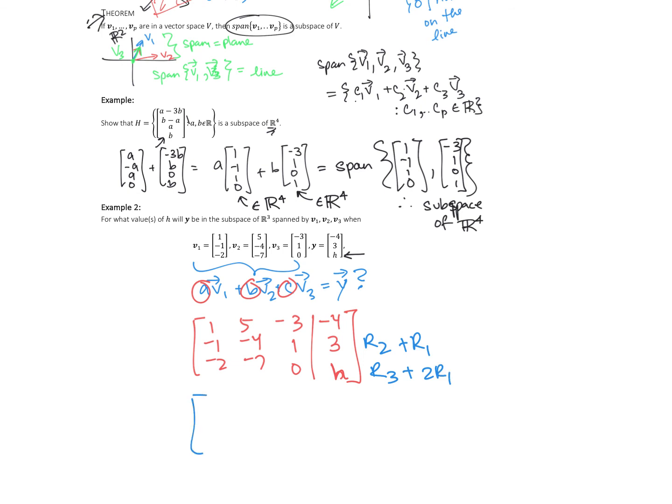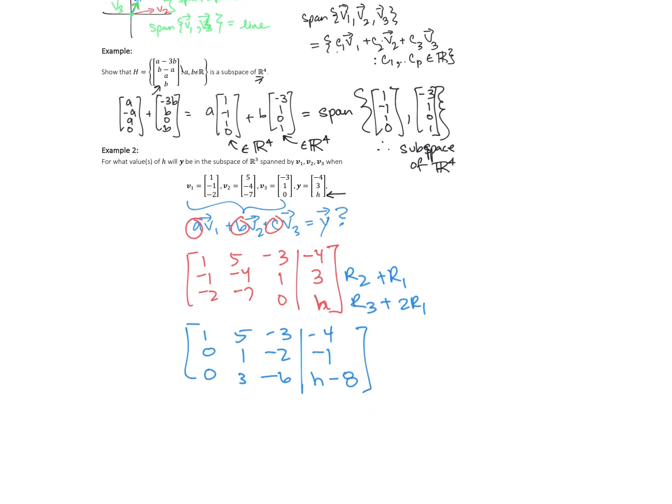It gives me a lovely, lovely matrix. 1, 5, negative 3, negative 4, 0, 1, negative 2, negative 1, 0, 3, negative 6, h minus 8. So notice what's happening here.